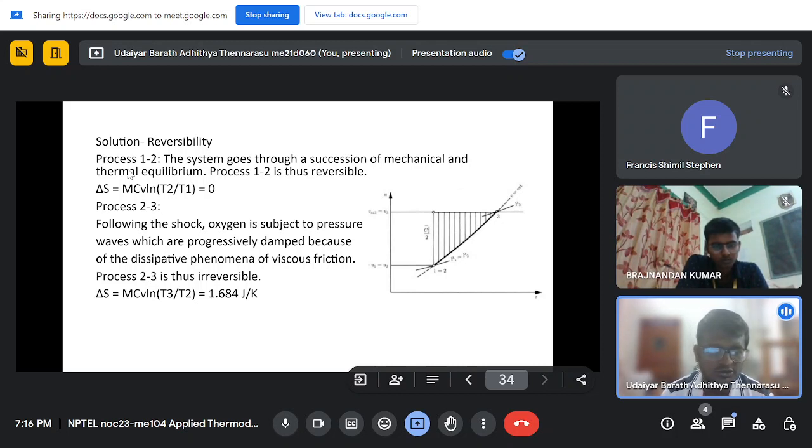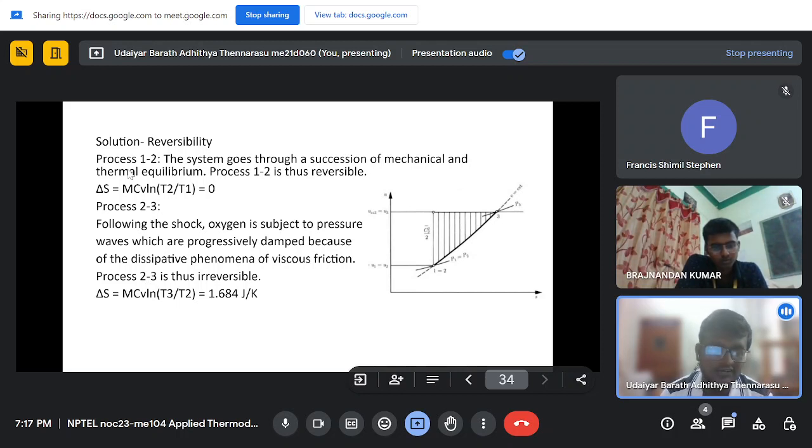And you can also see mathematically that this being a rigid vessel and a closed system, there is no volume change. So you can see that delta S is m cv ln T3 by T2, and you know T3 is 27.7 and T2 is 20 degrees Celsius.